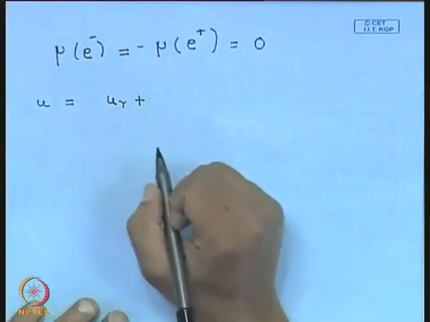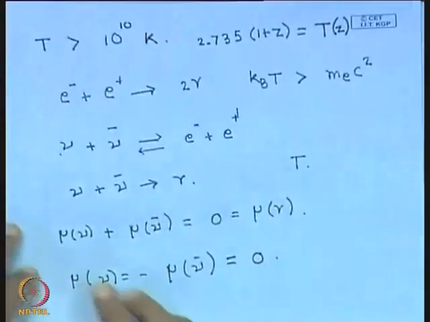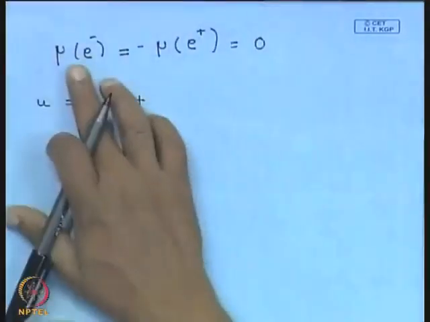There are two kinds of particles, electrons and positrons.